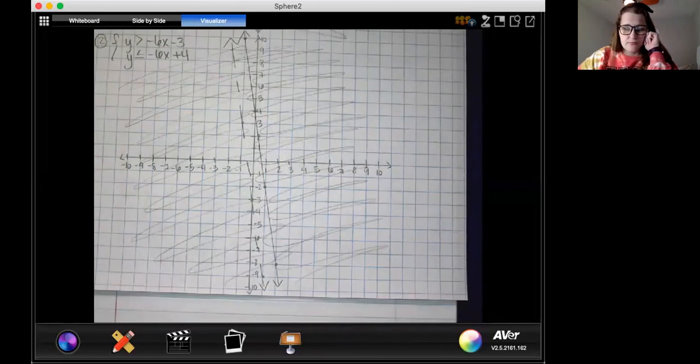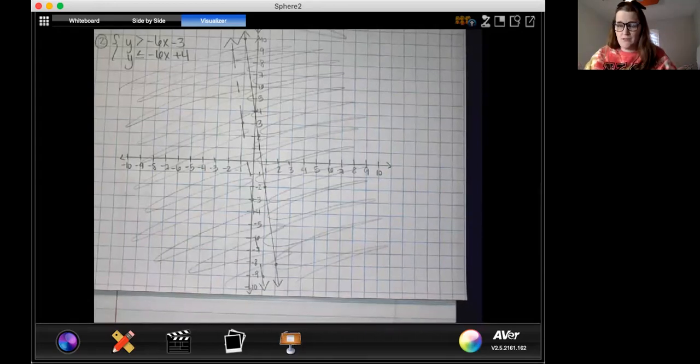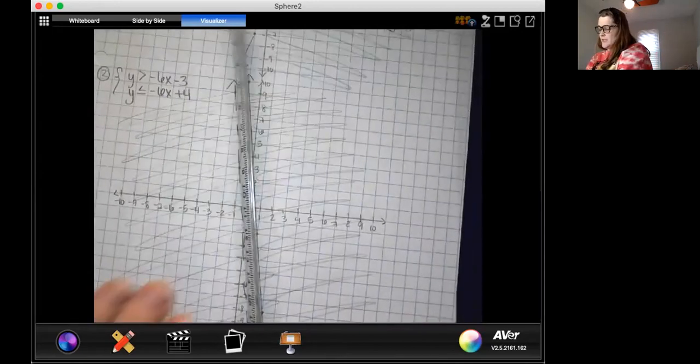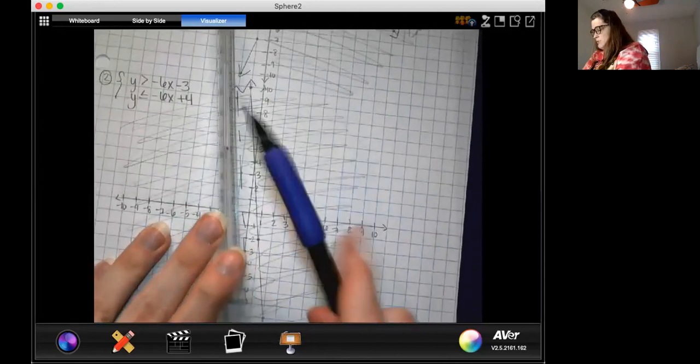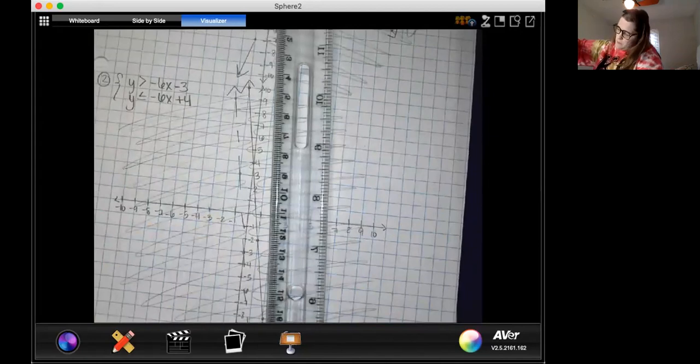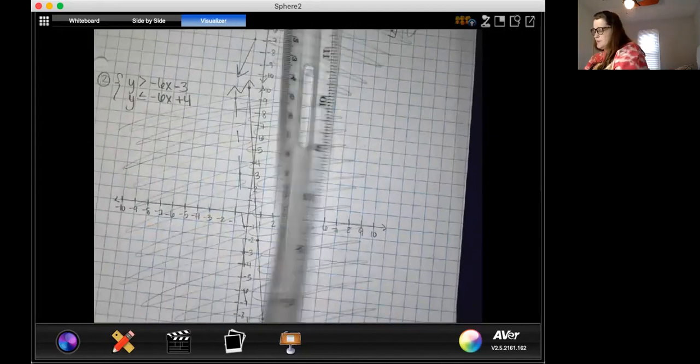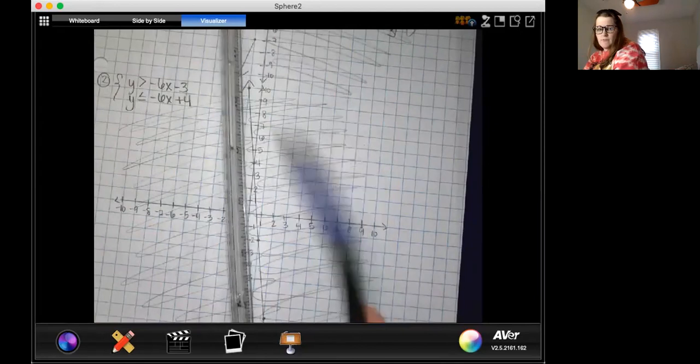Where? Okay, so I have some people saying it's parallel, they never meet. That's true, they do never meet. The lines never meet, but where do the shadings meet? So again, the first line I shaded to the right.